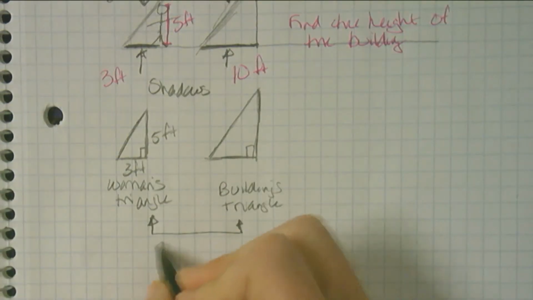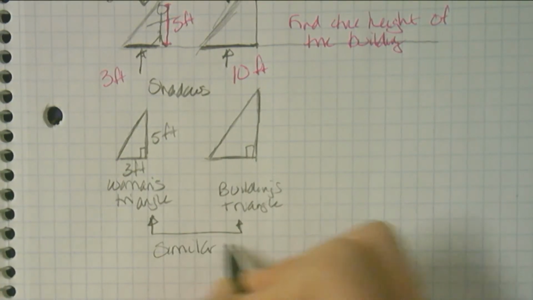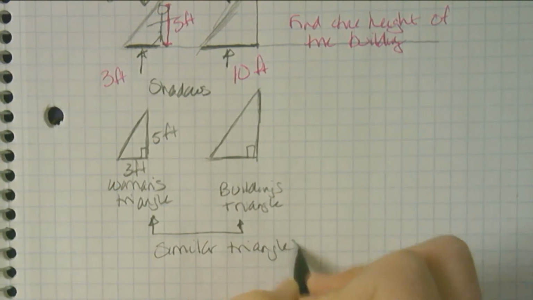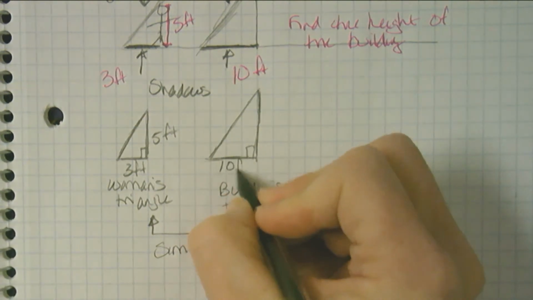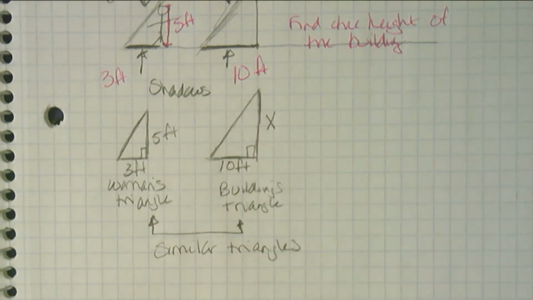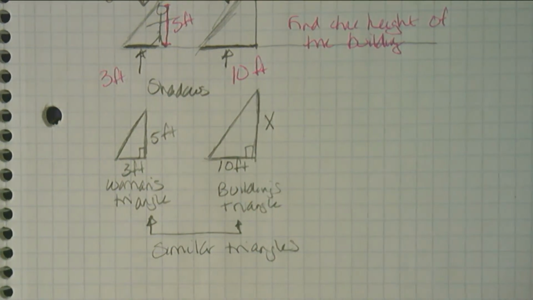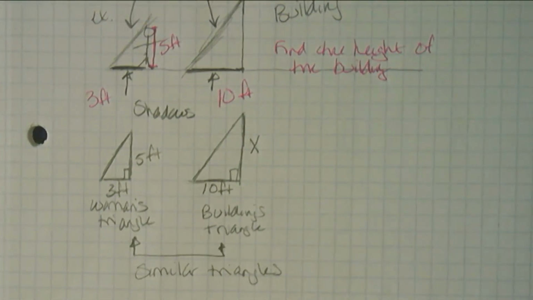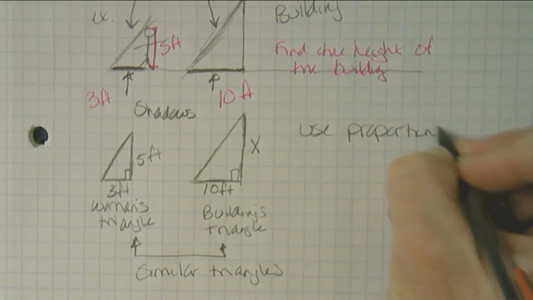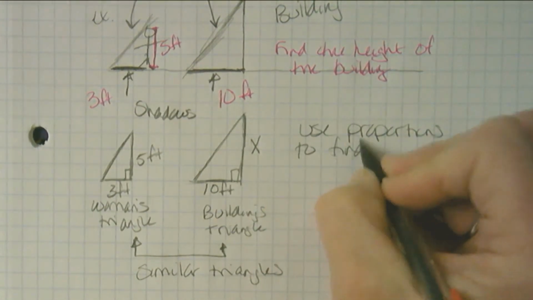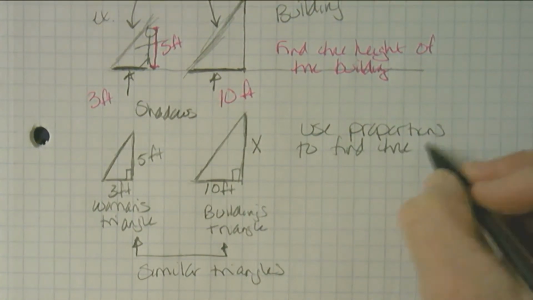Triangles that I created are similar triangles. Well, we know the shadow of the building is 10 feet. We do not know the height of the building. And now we can use proportions to find the height of the building.